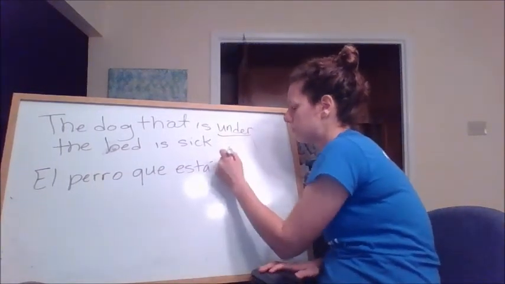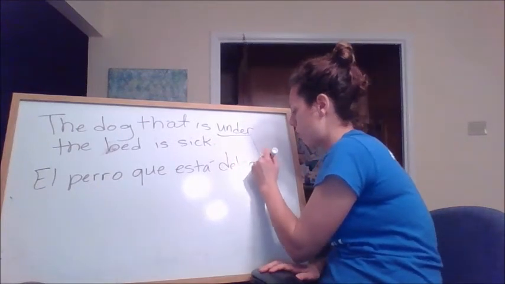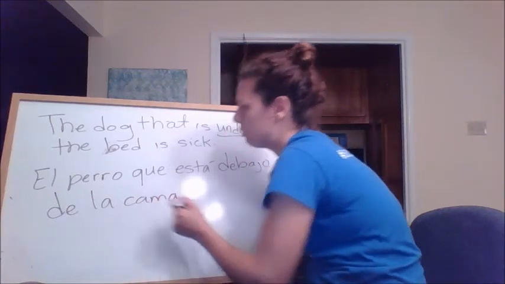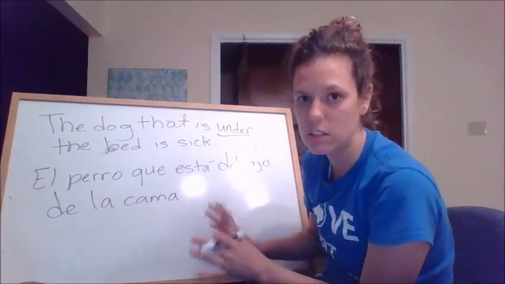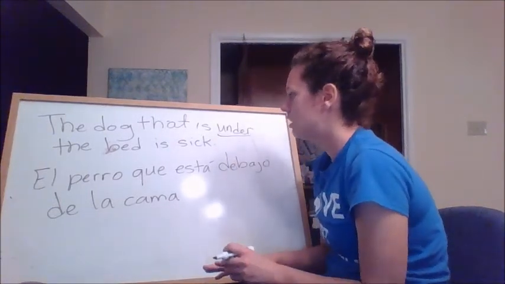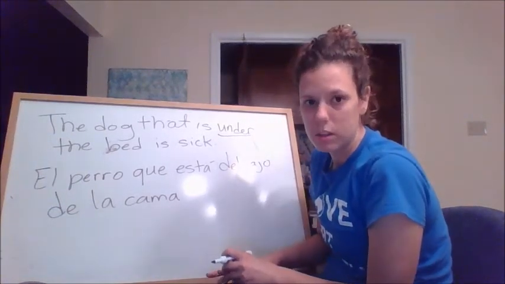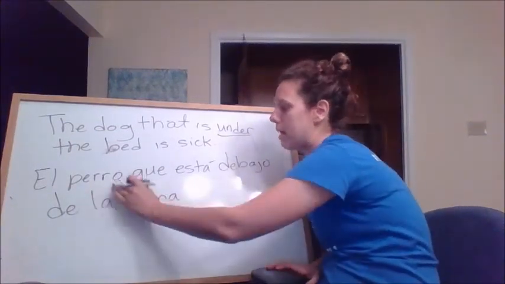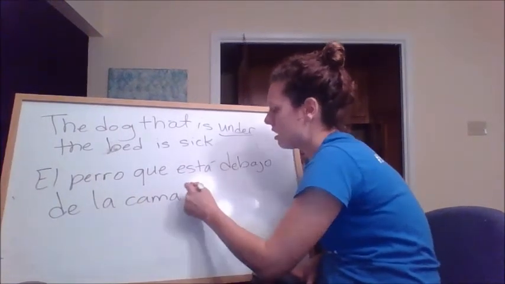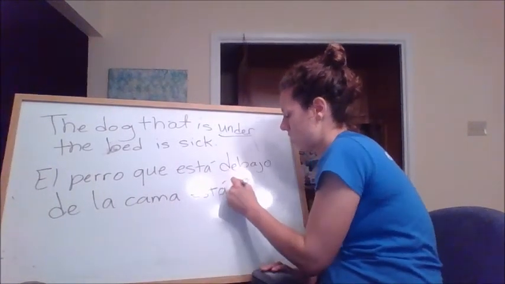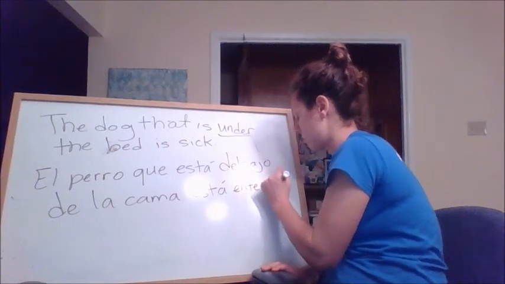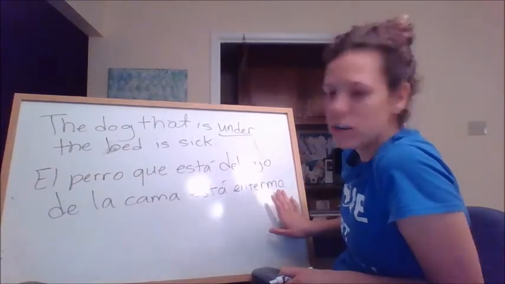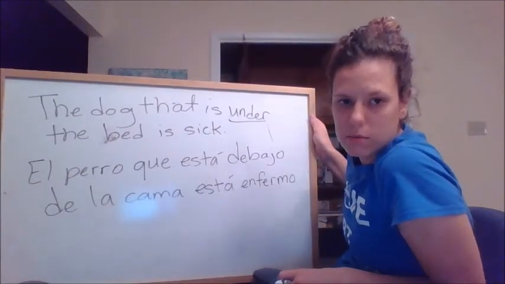How do we say under? Debajo de la cama. I don't know if you guys know the word for bed. It's not on your test. It's a thing I could think of while I'm doing this. De la cama, sick. Being sick is a condition. So we'd say, el perro que está debajo de la cama está enfermo. Okay? El perro is masculine, so this adjective stays masculine.